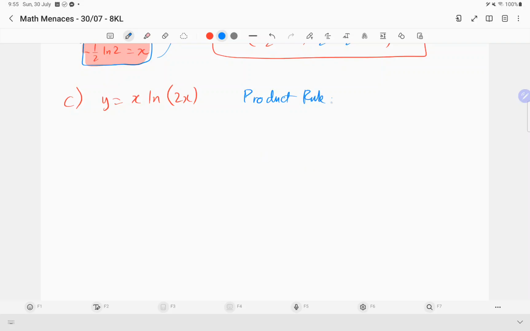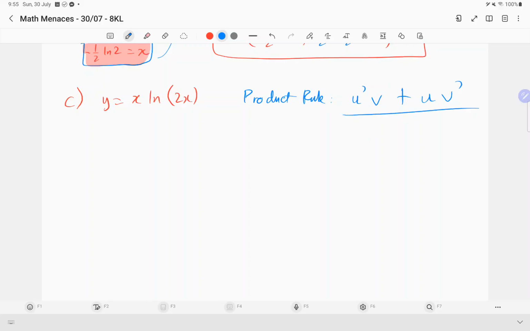Isn't it like multiply u v plus... Yes. u? Wait, the first u is derivative. Correct, so u dash v, and then plus u v dash. Yes, that's right, that's it.